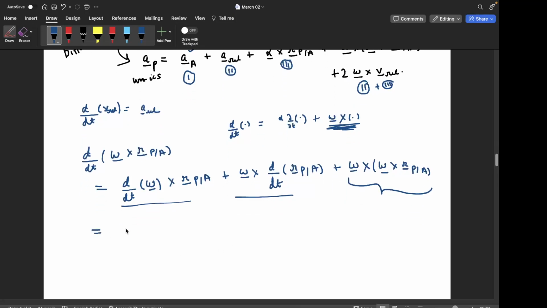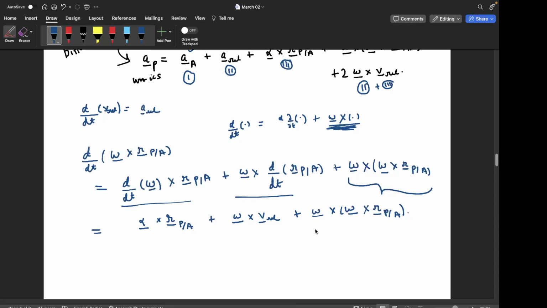All right. So here the first term would be alpha cross r, which is basically angular acceleration into r. You would have seen that if angular acceleration is there, then its contribution to acceleration is alpha cross r. The second is omega cross v rel, because differentiation of this is v rel. And the third is the centrifugal term, which is due to the rotation of the frame.